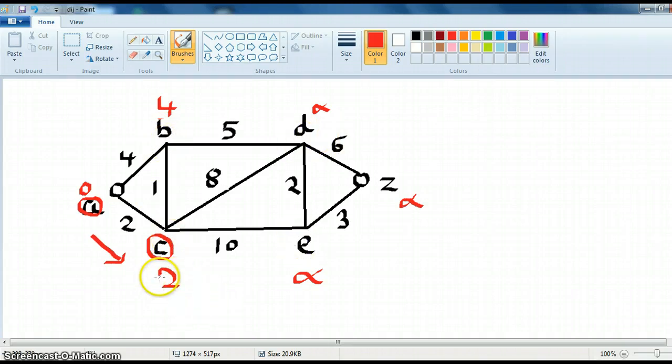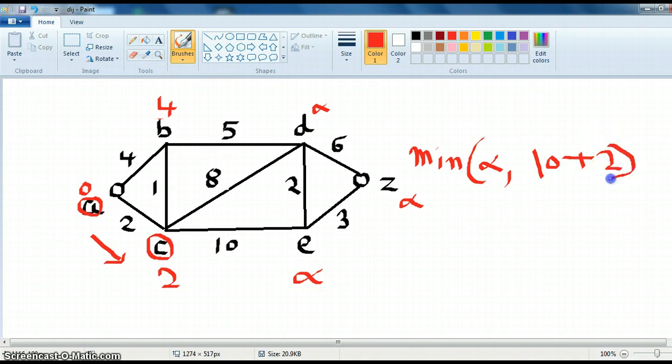So now the cost of C is 2 and the cost between C and E is 10, and the cost of E is infinity. Now we'll check the same thing, the minimum of infinity and 10 plus 2. Which one is minimum? 10 plus 2 is smaller than infinity.